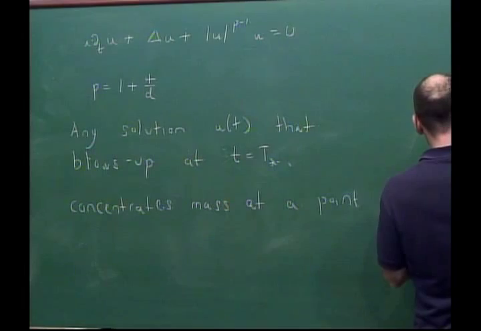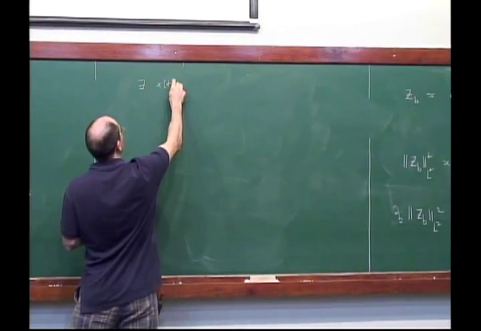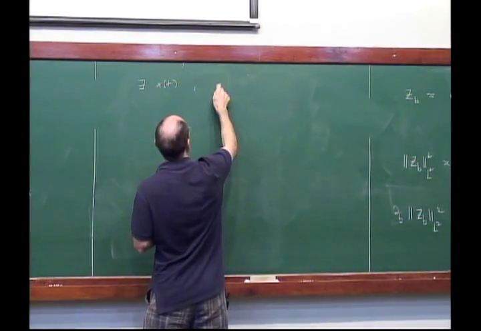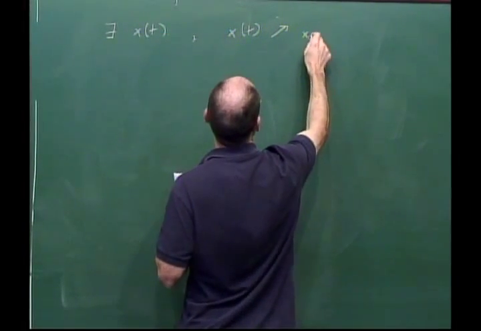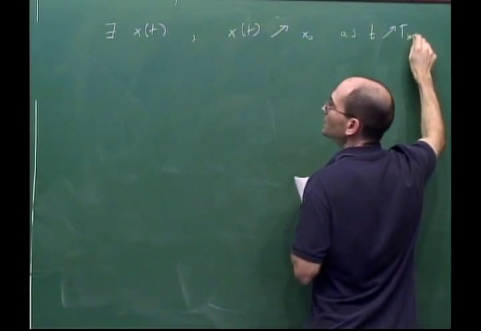that there exists a position x of t, which varies with time, but x of t converges to some x0 as t goes to t star.